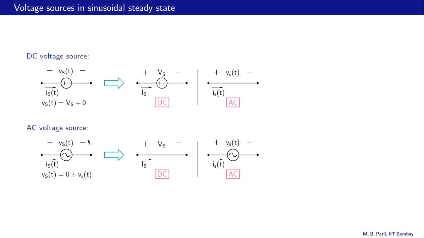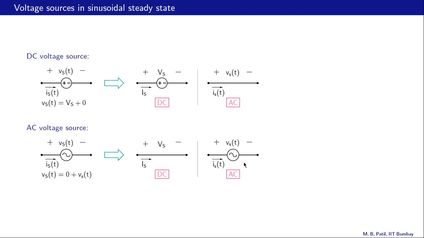Let's look at an AC voltage source. The equation is the total instantaneous voltage is 0 DC plus the sinusoidal part, the time varying sinusoid. Now, since the DC part is 0, the DC circuit simply has Vs equal to 0, which is a short circuit, and the sinusoid is then incorporated in the AC part.